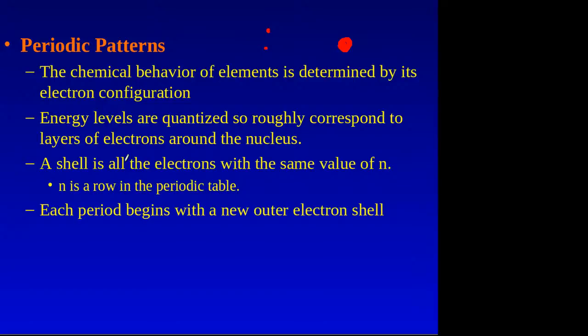Now, quantum mechanics says, hey, you know what? If you have n equals 1, you can only have 2 electrons in your shell. And that's why there's only 2 atoms in the first period, because hydrogen has 1 electron and helium has 2. And that's the difference between the atoms, the number of electrons in the outer shell.